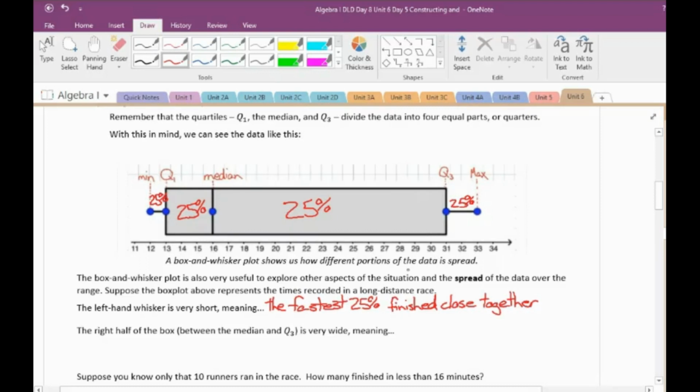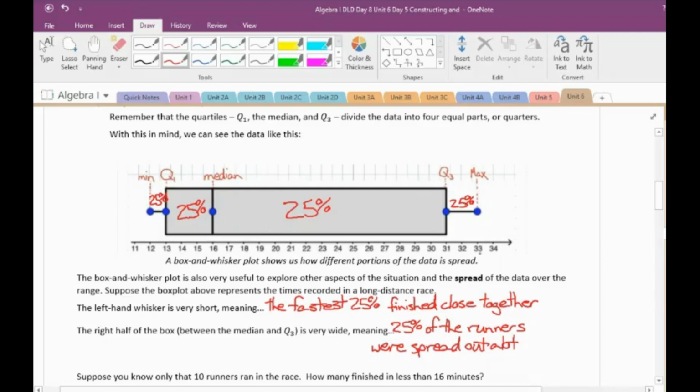They're not the fastest, they're not the slowest, but 25% of the runners were really spread out, finishing anywhere from 16 minutes to 31 minutes. That's a large spread of time.